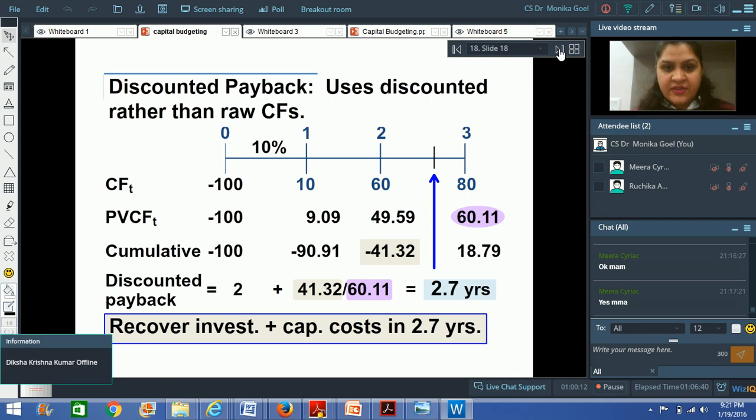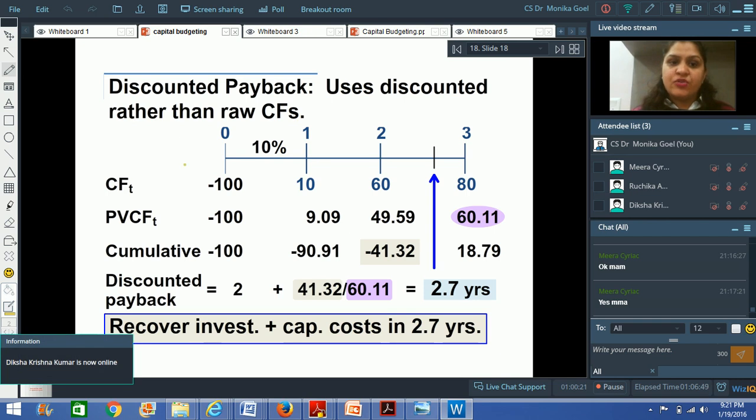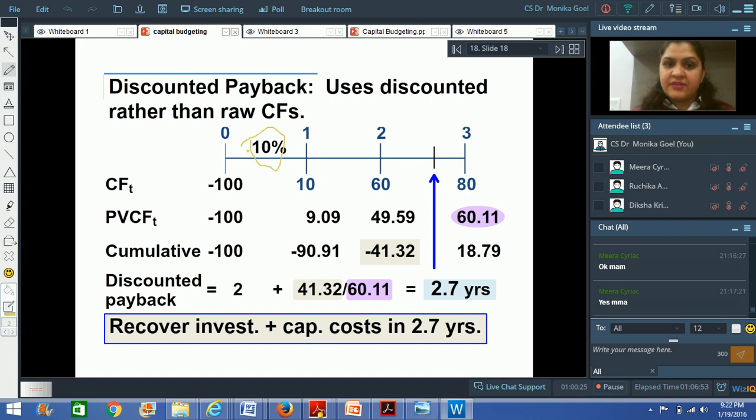You are getting 10 rupees at year 1, and you're paying 100 rupees at year 0. Now when we talk about year 0, at the present we cannot discount the present. We have to discount the future. So 100 would remain 100. The 10 rupees that you are getting in the first year has to be discounted at the discounting rate which has been given to us as 10%.